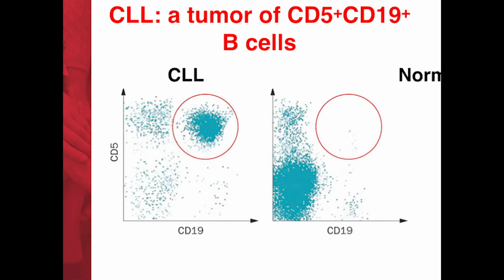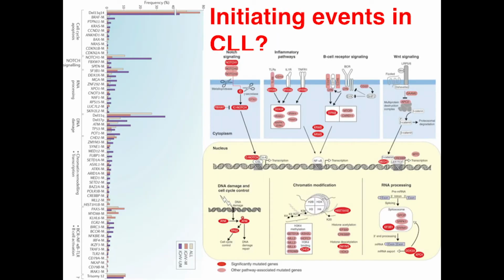So this is a complicated slide, but I wanted to put it in because we've talked about how CLL arises from immortalization, and this immortalization comes about because of damage to genes, to genetic mutations in genes. And so in the last few years, using technology called next generation RNA sequencing and next generation DNA sequencing.